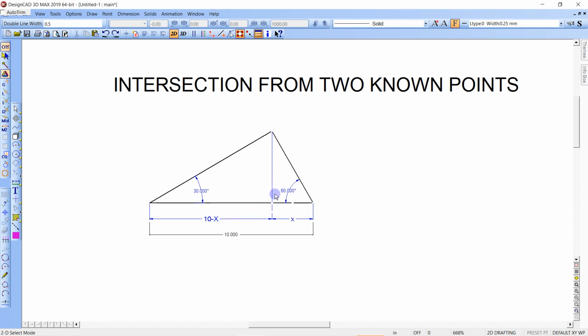So you have this angle, you have this angle. That means we have two triangles, right? And then we know this is an unknown height.